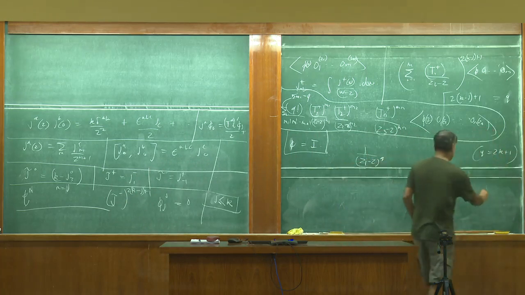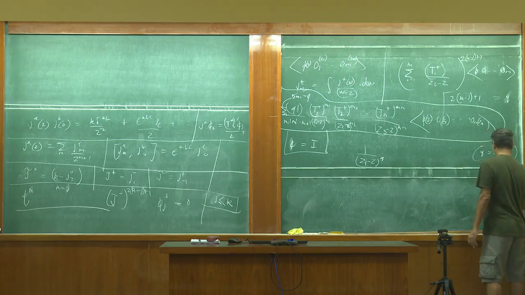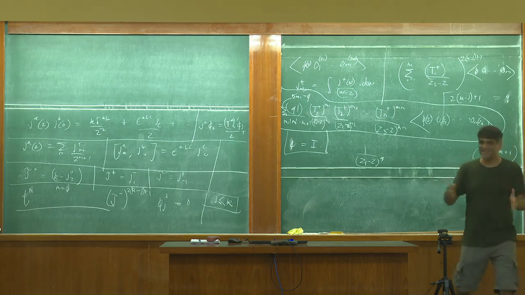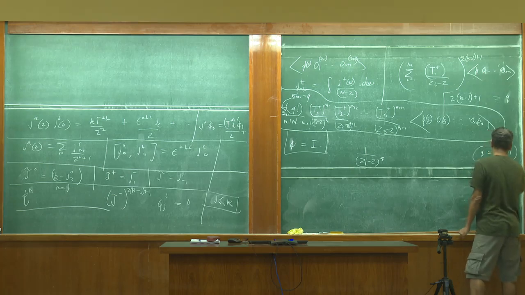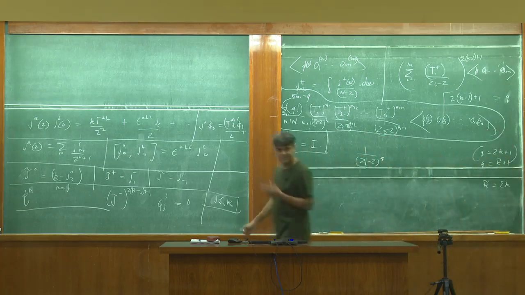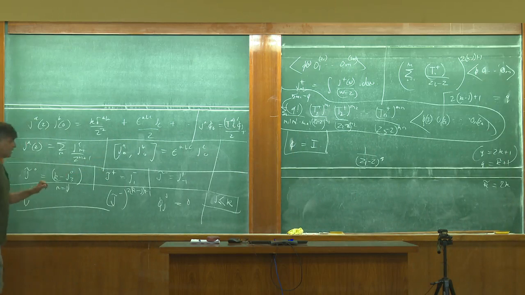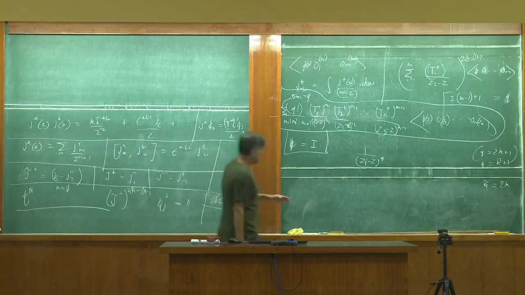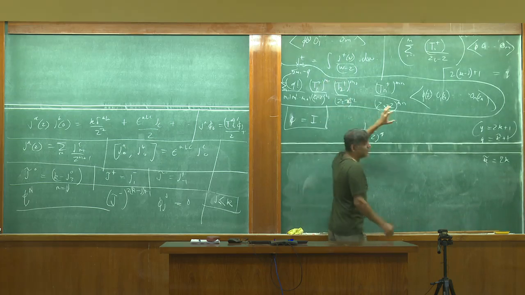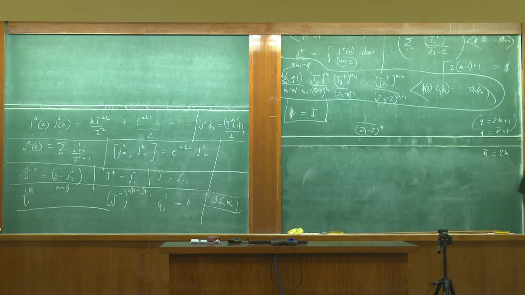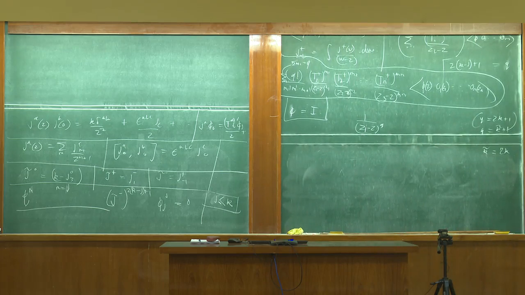We will sometimes find it useful to call k tilde equals 2k. So k tilde is an integer, and q is equal to k tilde plus 1. In this case, the term which was t1 plus to the power q had coefficient z1 minus z to the power q.